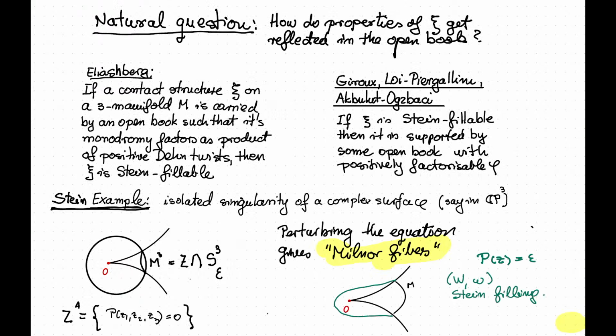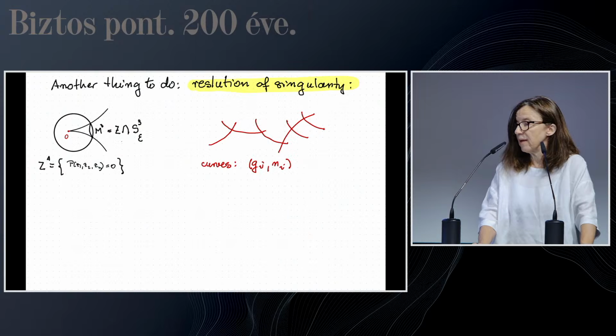And perturbing this equation gives us a smoothing, most often called a Milnor fiber, which is actually a Stein filling. This perturbation doesn't do much on the boundary. It keeps the contact structure the same, but it gives us a nice smooth filling, which is a Stein domain.